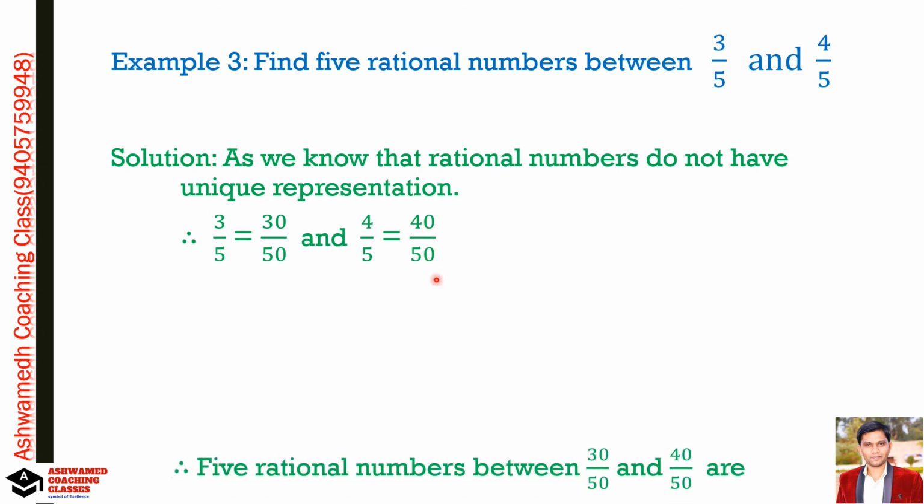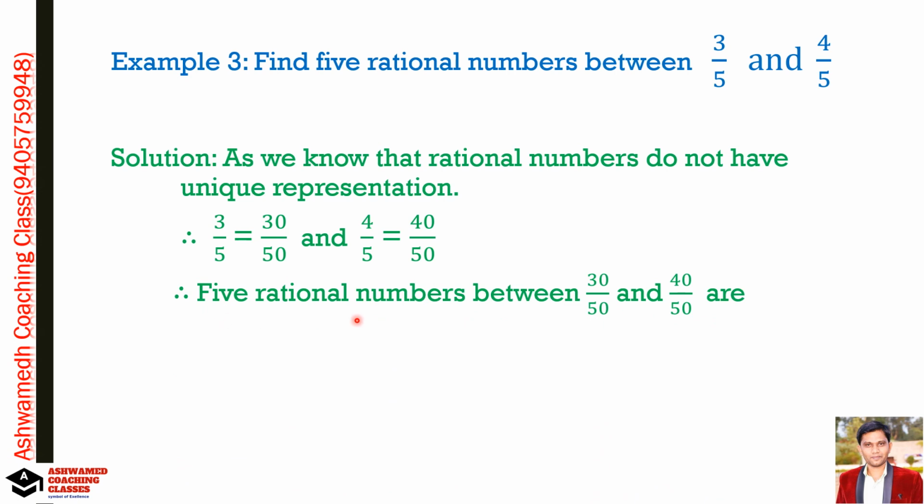Therefore the 5 rational numbers between 30 by 50 and 40 by 50 are: 31 by 50, 32 by 50, 33 by 50, 34 by 50, 35 by 50. For rational numbers whose denominators are the same, we can write any number of rational numbers between them.